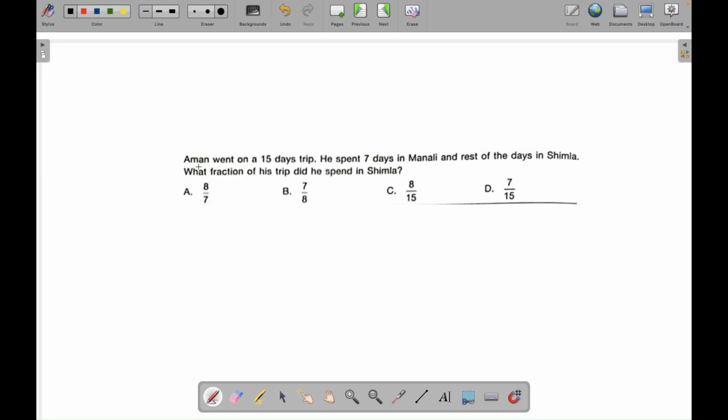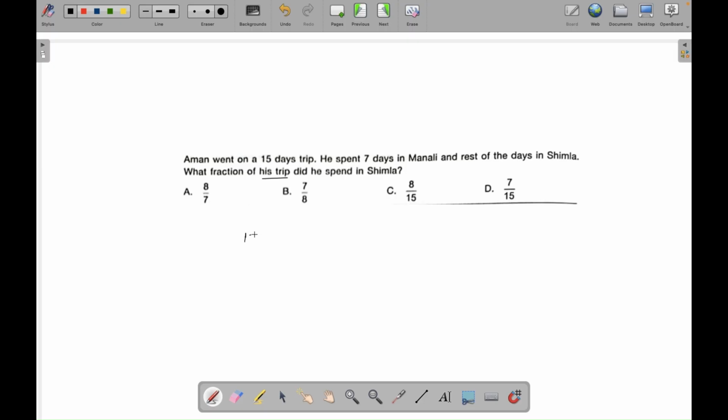Next question. Aman went on a 15-day trip. He spent 7 days in Manali and the rest of the days in Shimla. What fraction of his trip did he spend in Shimla? Again, we have to find the denominator and the numerator. So the question is asking what fraction of his trip. So what is the total number of days in the trip? Just 15, right?